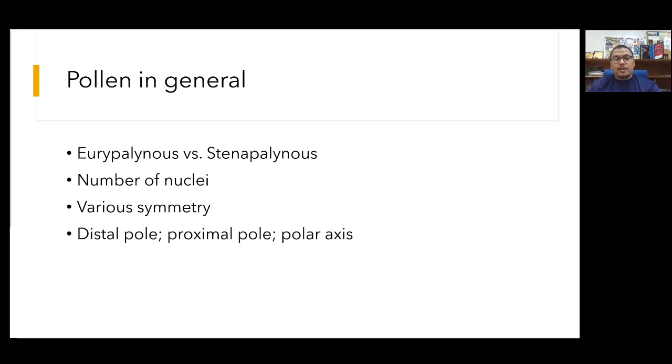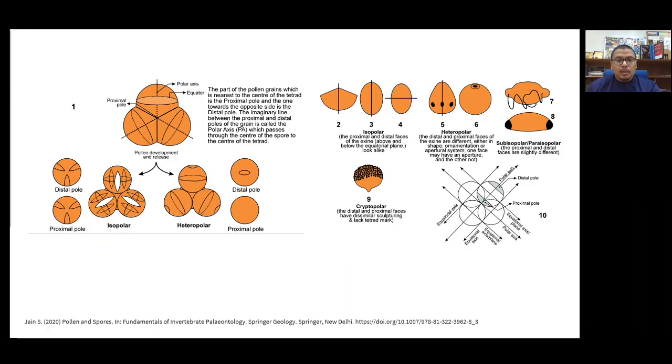Most pollen grains are globose in shape, although boat-shaped, ellipsoidal, and fusiform shapes are also met in different angiosperms. Since most pollen grains, at least in early stages, form tetrads, the outer end of the grain is termed the distal pole, whereas the inner end where grains meet we call the proximal pole.